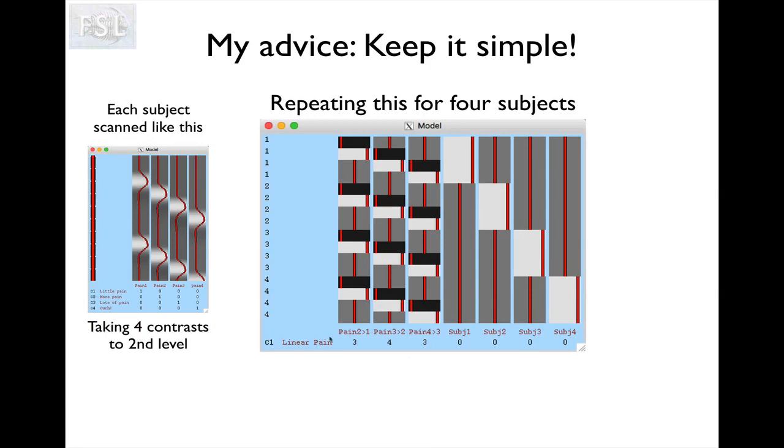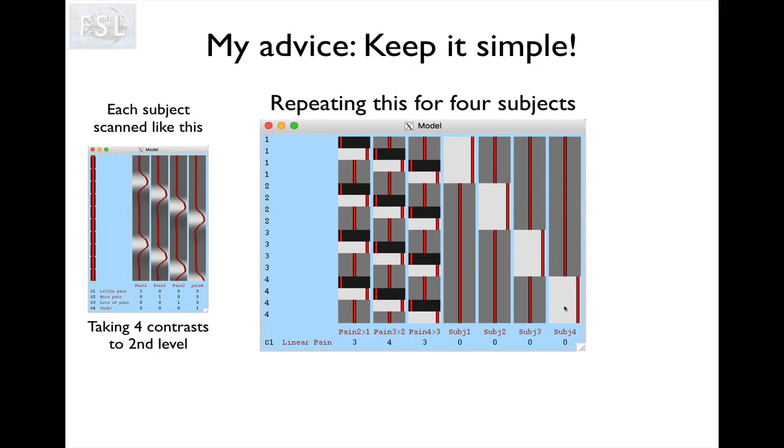This first EV at the second level model contrasts a little bit more pain to little pain, and the second one contrasts lots of pain to more pain, and the third one contrasts lots and lots of pain to lots of pain, and then we have the block EVs.